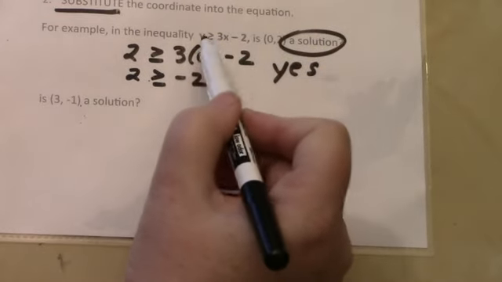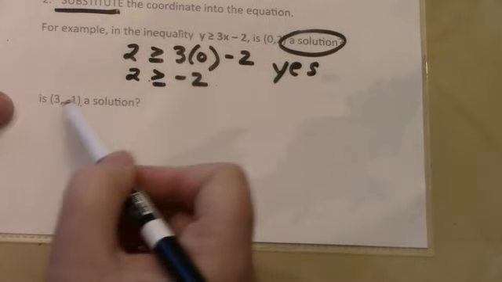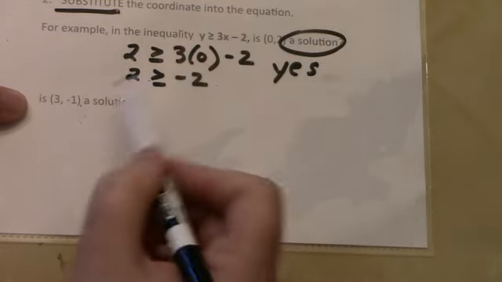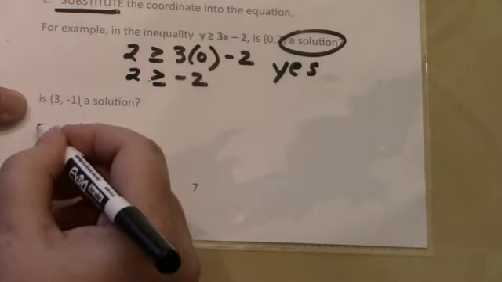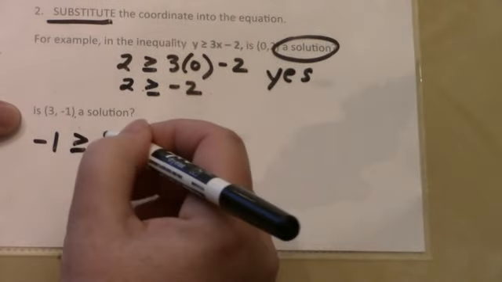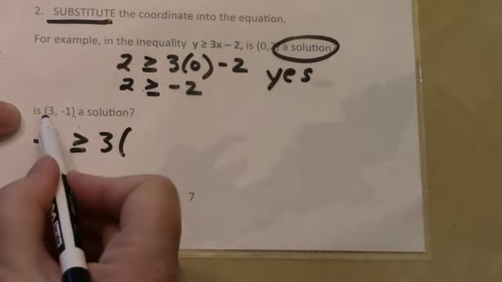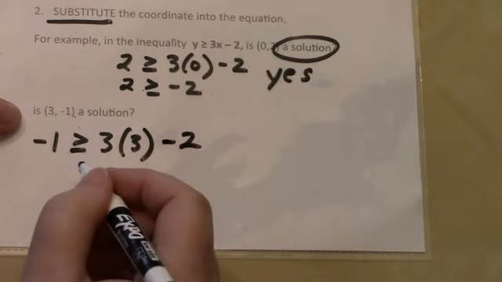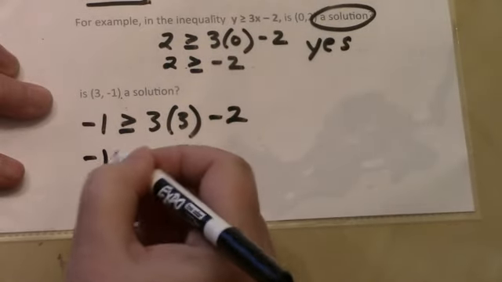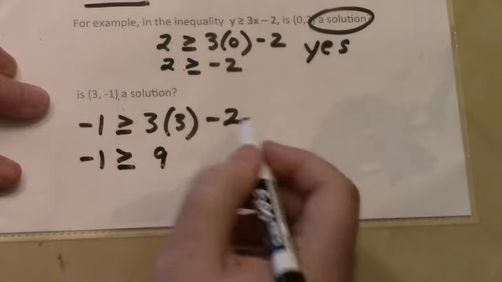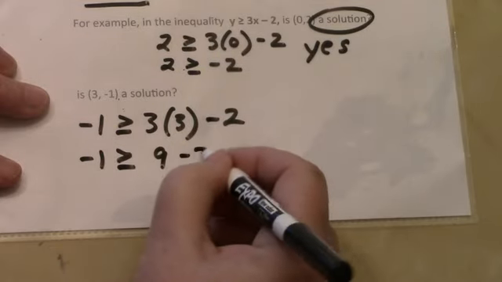We have our same inequality, but let's substitute in a different coordinate, because we know that this one is true, but how about this one? So this time y is negative 1, and it's greater than or equal to 3 times what is x? X is 3, and then minus 2. Well, negative 1 is greater than or equal to 3 times 3, which is 9, 9 minus 2.